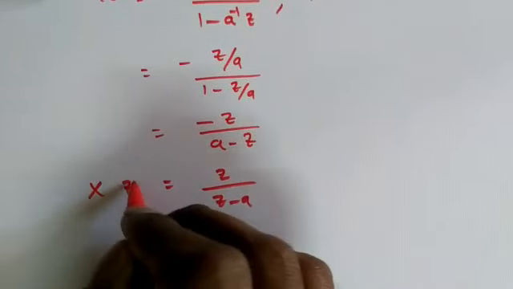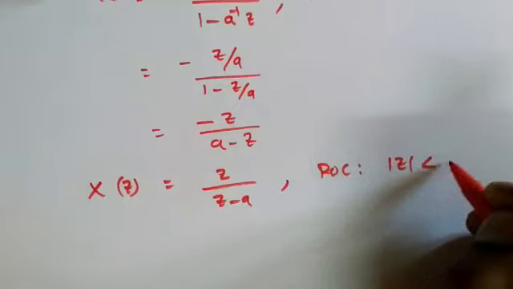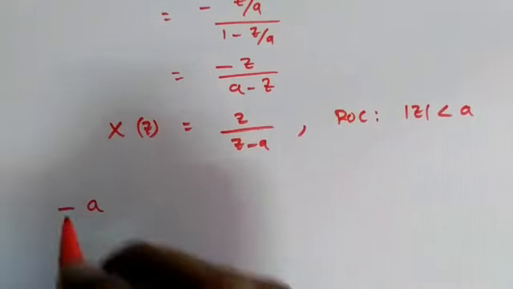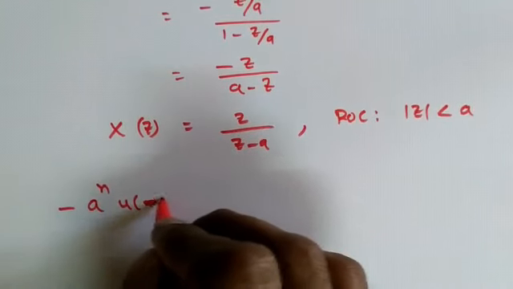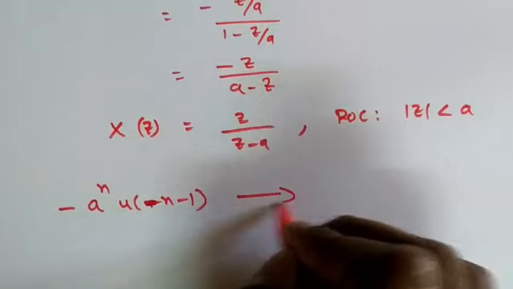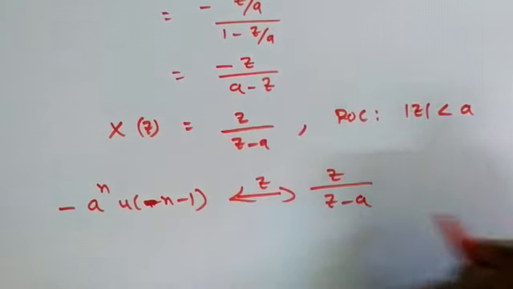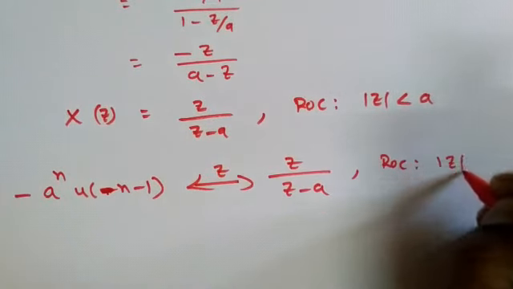This is X of z. Now what is the ROC? ROC is mod z is less than a. So if I recollect, minus a power n u of minus n minus 1, what is the z transform? It is nothing but z by z minus a only, but the ROC will change, that is mod z is less than a.